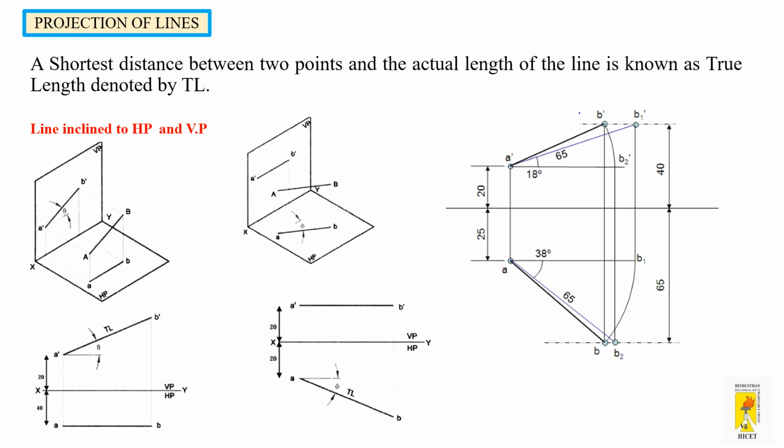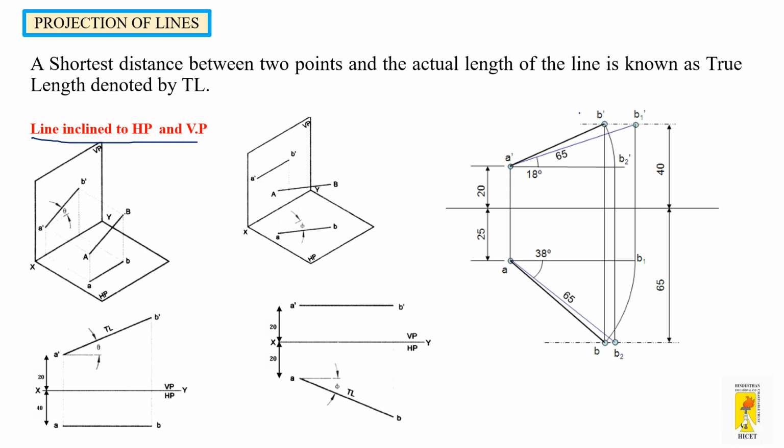So in this slide, you all can see the line inclined to HP and VP. Now I'm going to teach you how the top view and the front view of a line inclined to both the planes is achieved. Here, first of all, you should take the line inclined to HP parallel to VP, and the line inclined to VP parallel to HP.